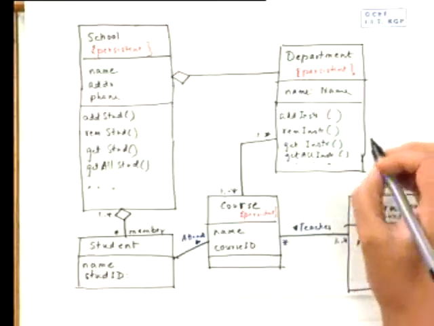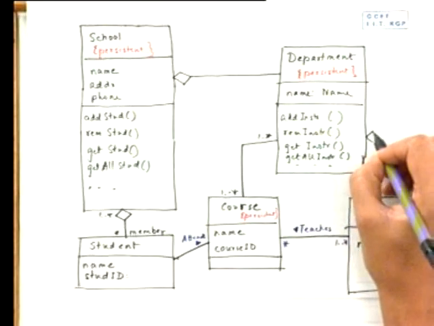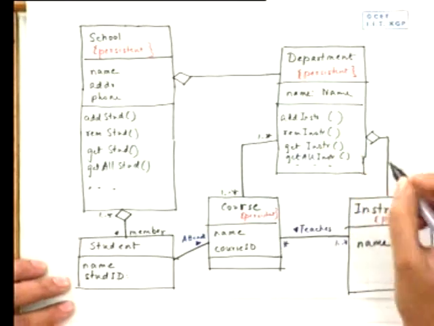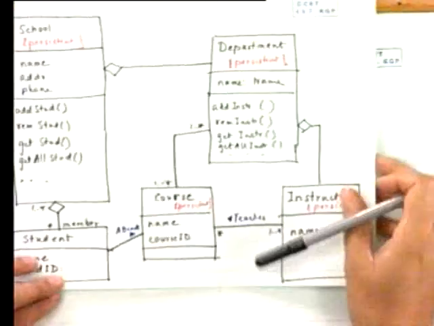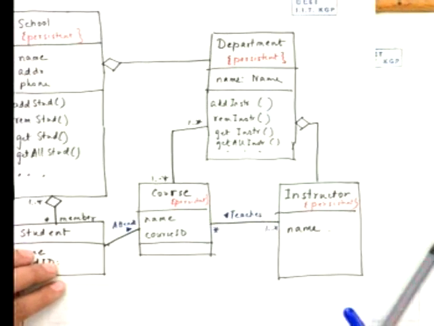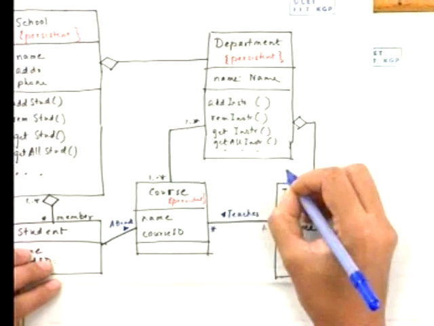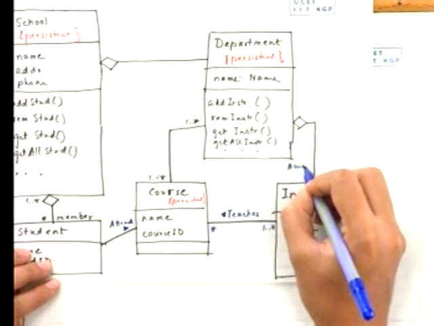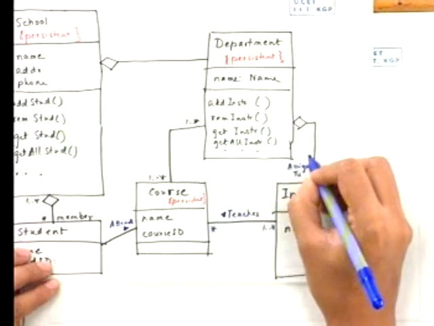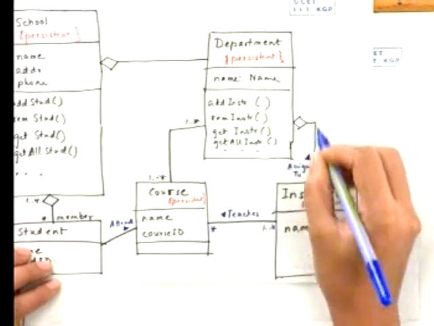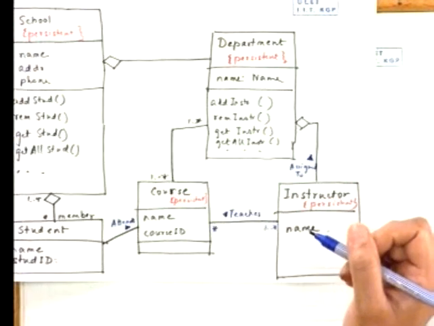A department actually consists of instructors. An instructor is assigned to a department. So there is an aggregate relationship between instructor and department. And the name of this relationship is assigned to. An instructor is assigned to a department. And the direction is in this way. The instructor is assigned to a department.